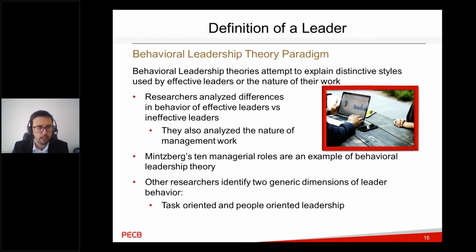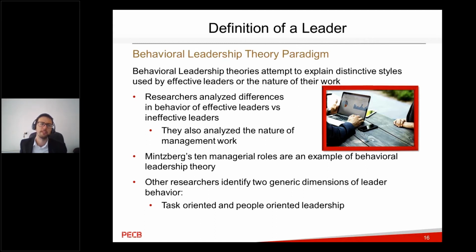But again, we're talking about generalizing various roles of leaders across various organizations and environments. So we ought to think that there is no universally accepted set of behaviors that define leaders in general.